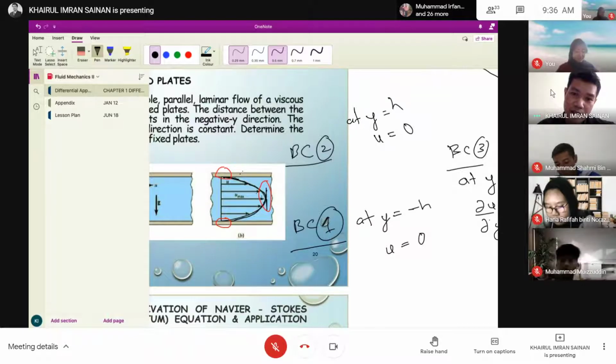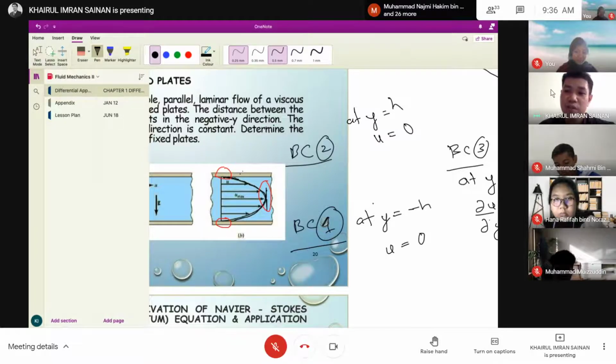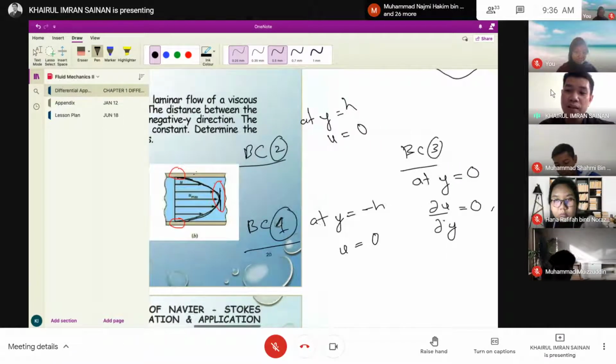Before it reaches the center, the u changes: 2, 4, 6, 8. Perhaps 8 is the maximum, and after that it goes back to 6, 4, and 2. So it cannot go further than this. Just at the center, there is no change of u at that position. That's why del u over del y equals 0.